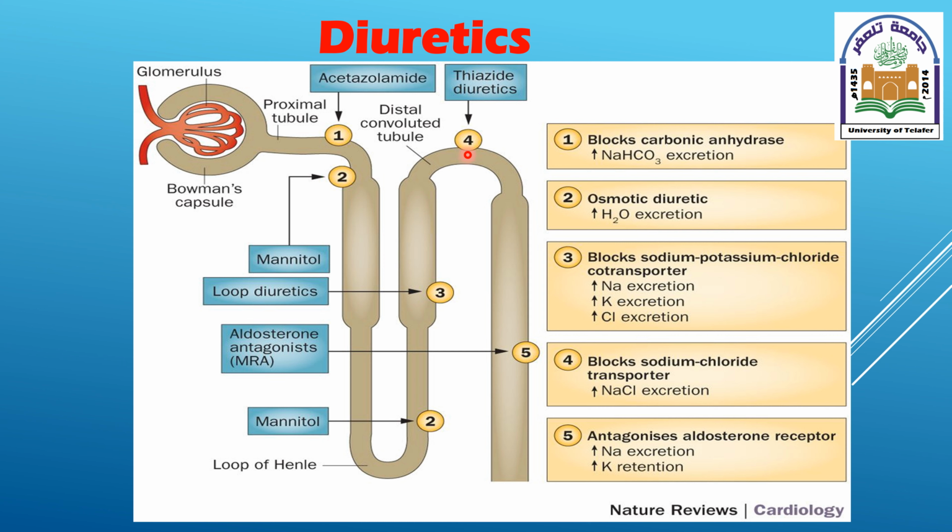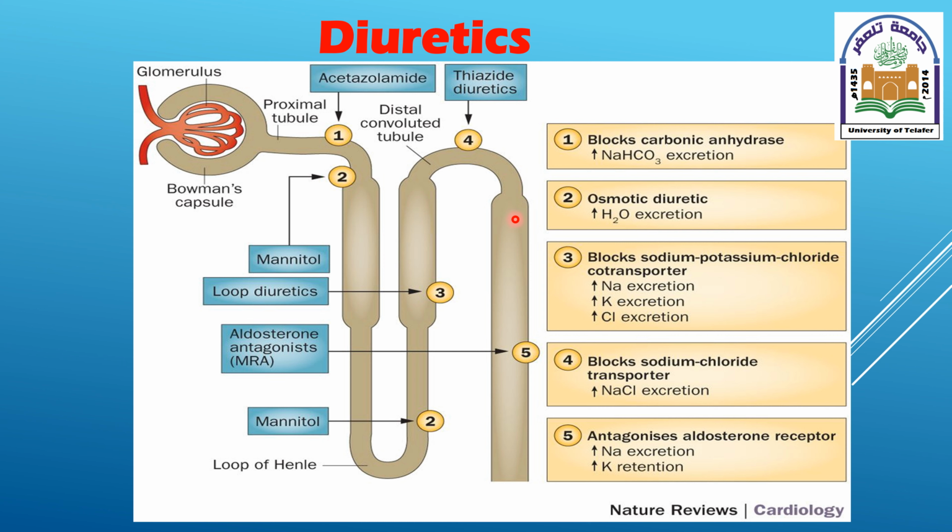Aldosterone is secreted by the adrenal gland and acts on the distal tubules to increase sodium absorption. Thiazide diuretics, which prevent reabsorption of water and electrolytes by the distal tubules, are another form of diuretics used in the treatment of certain diseases like heart failure or hypertension.